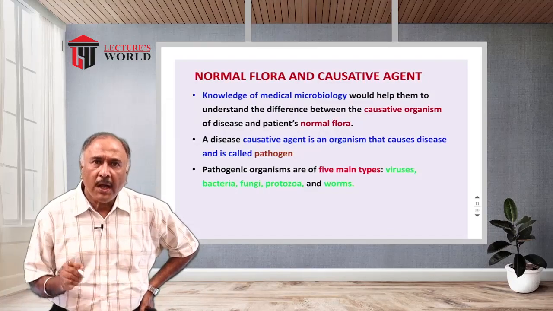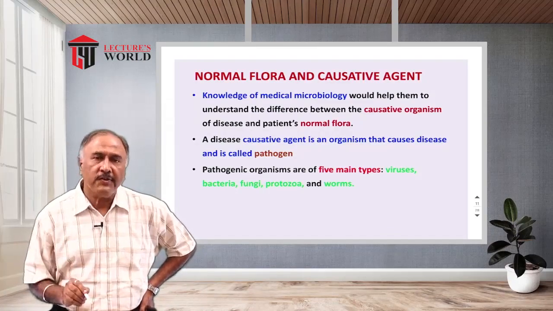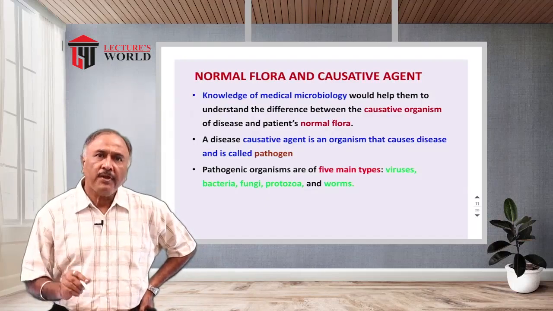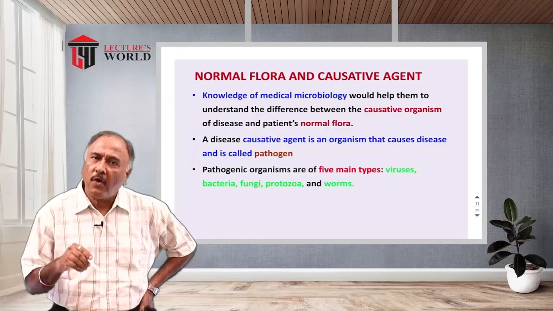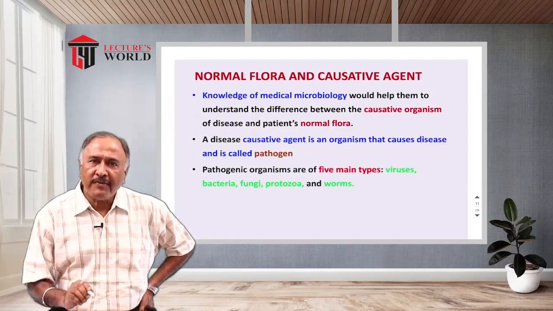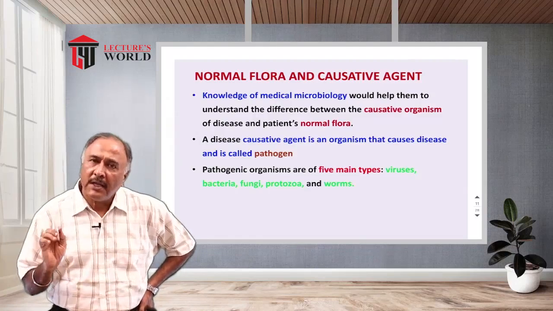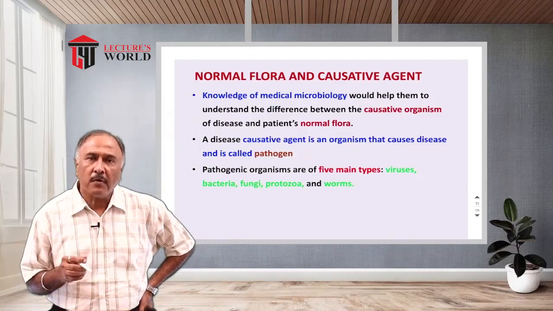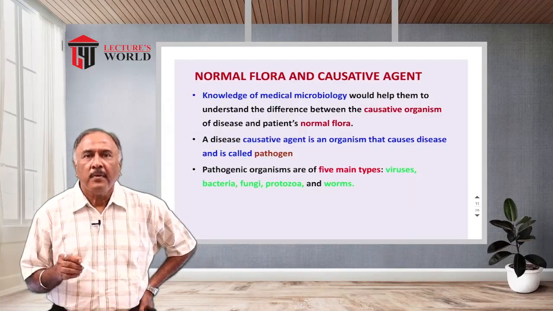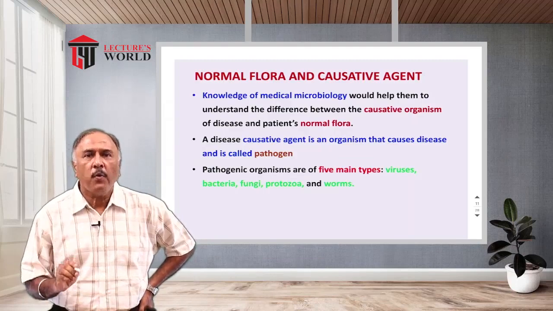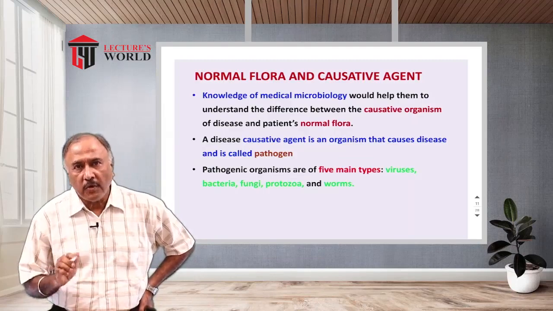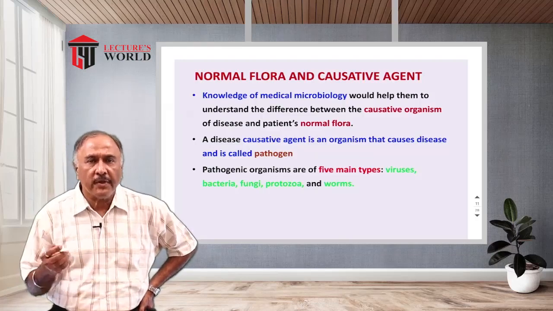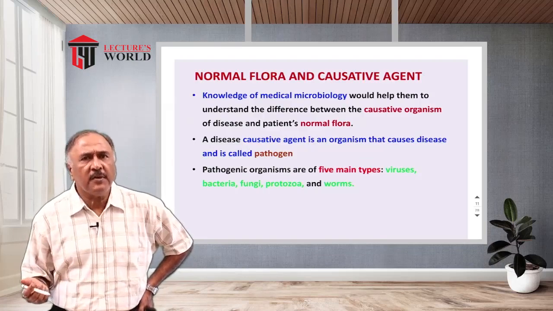So normal flora are those organisms which are found normally on the body surface or inside the body of a healthy individual. For example, in our colon, intestine, we always have the presence of Escherichia coli. The name comes from a scientist, Escherichia, and coli means colon. It is always present in the colon.